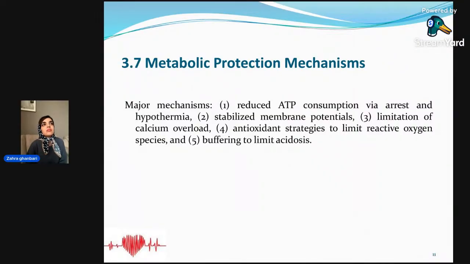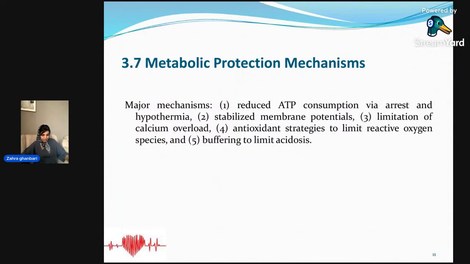For example, vasodilators and other drugs, like lidocaine, and many drugs that can be added to our cardioplegia solution. Another injury is calcium overload, which causes arrhythmias and cell death. I will talk about this completely.